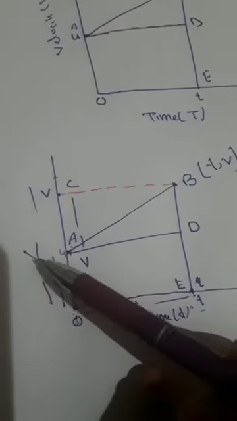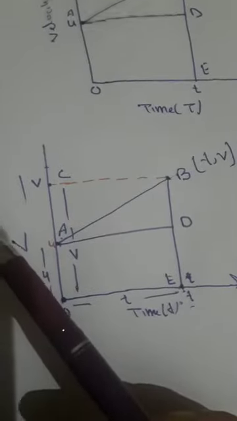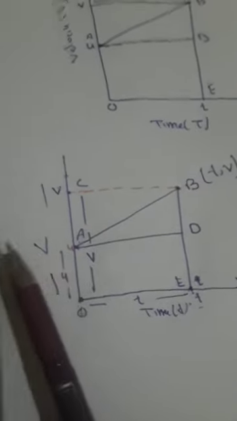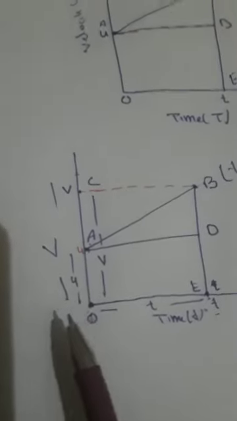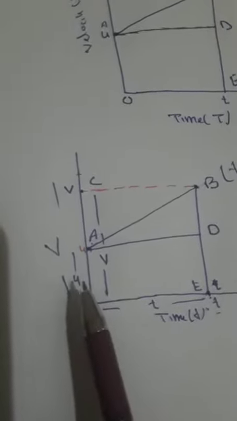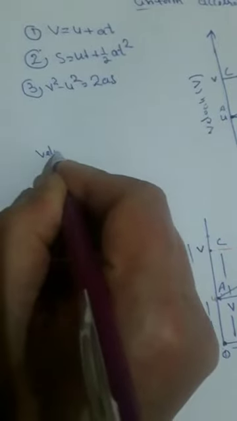When acceleration is produced, there is a change in velocity. Suppose the velocity changes from u to v. If you remember the previous lecture, I discussed in detail how we can find the acceleration from the velocity time graph. Suppose the body is producing a uniform acceleration, and the initial velocity of the body is u at time 0.